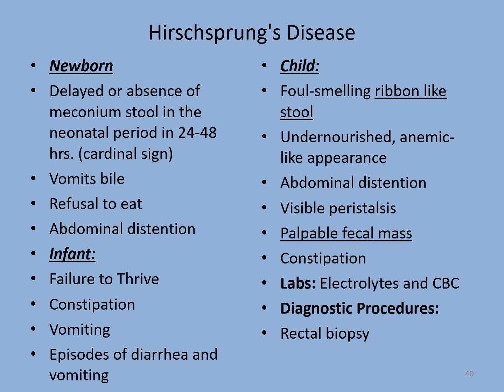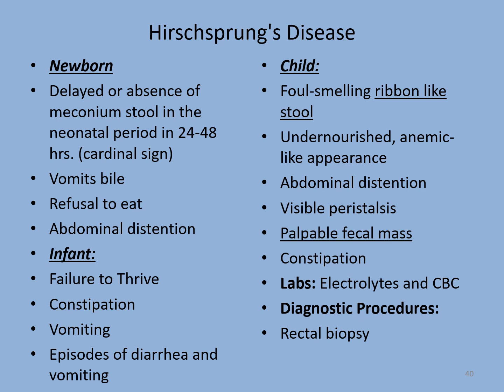The baby will vomit bile and refuse to eat, and their tummy will become distended. They'll become a failure to thrive. Constipation will be an issue. Vomiting is constant. And then they'll begin to have episodes of diarrhea and vomiting because the colon can't spasm.